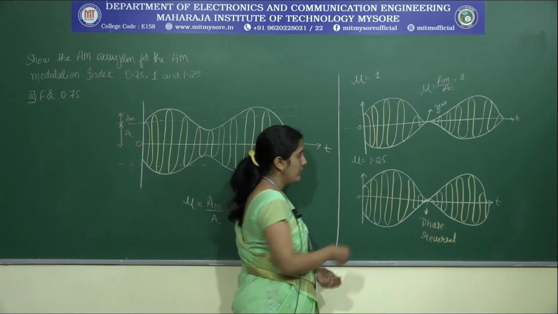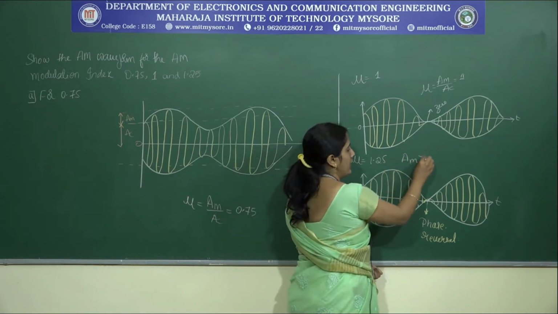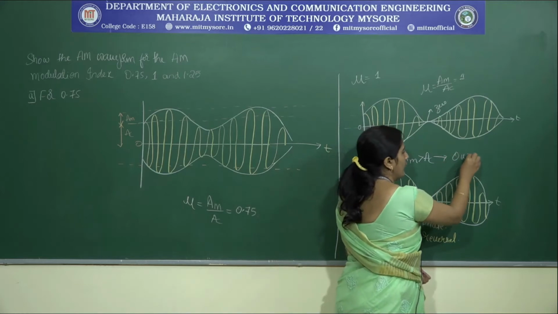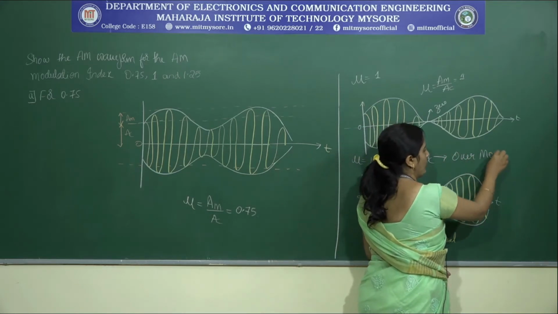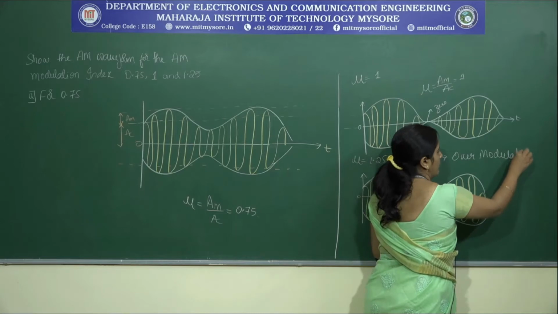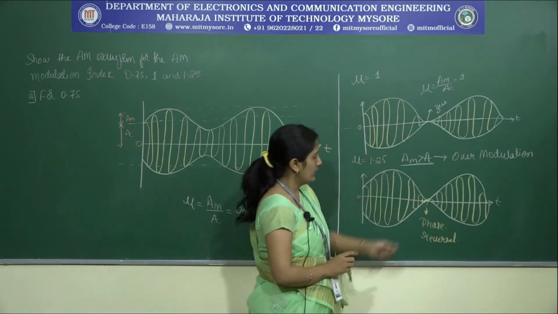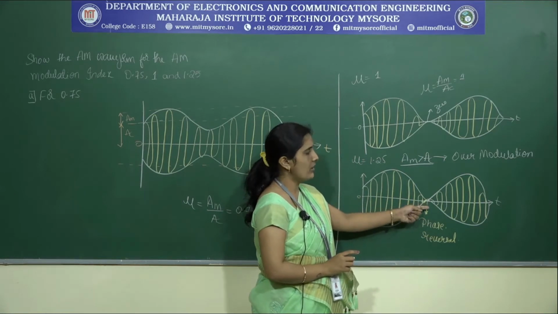So when AM is greater than AC, we call that over modulation. You have to remember this. When AM is greater than AC, this condition is called what?